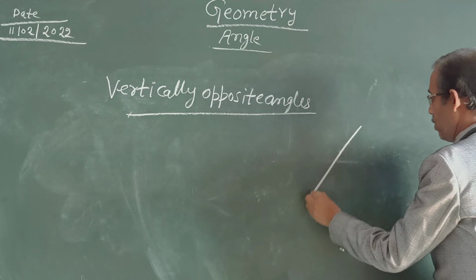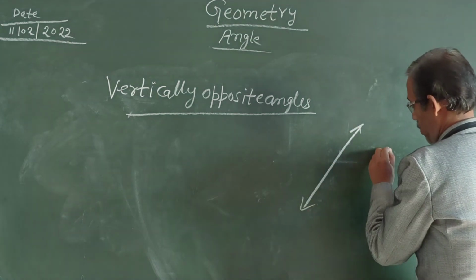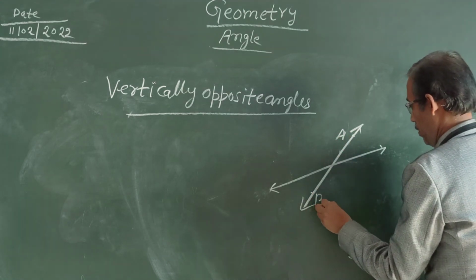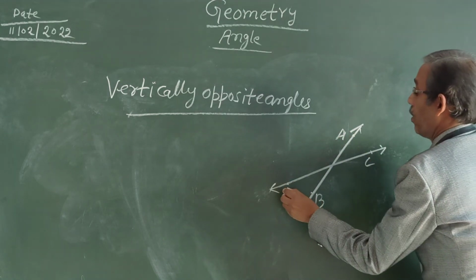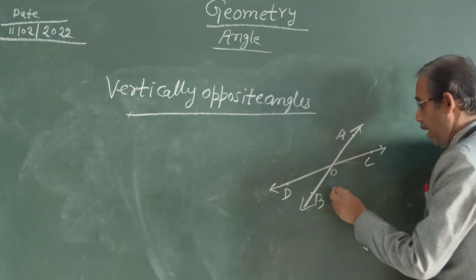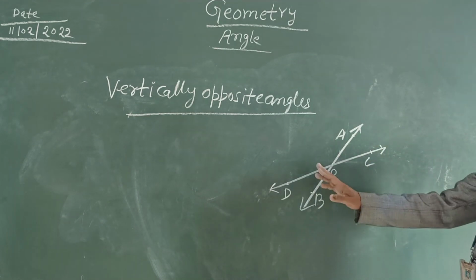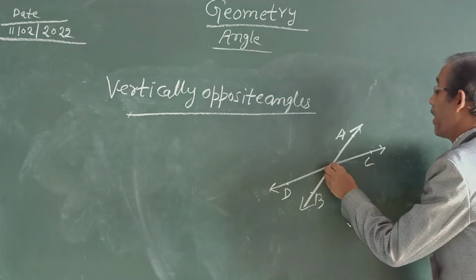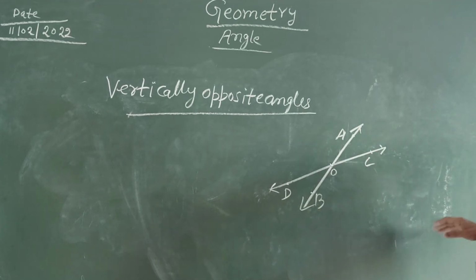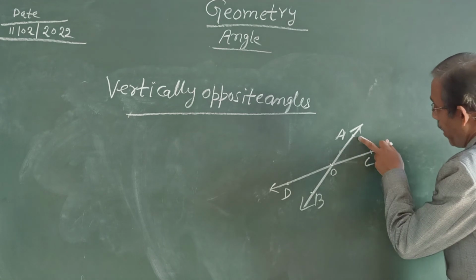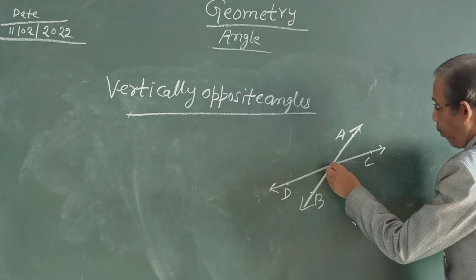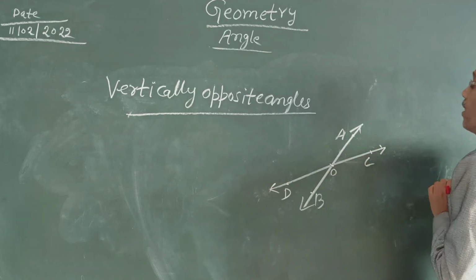When two lines intersect each other at any point, then four angles are formed. From figure we see that when AB and CD intersect at a point O, then four angles are formed.